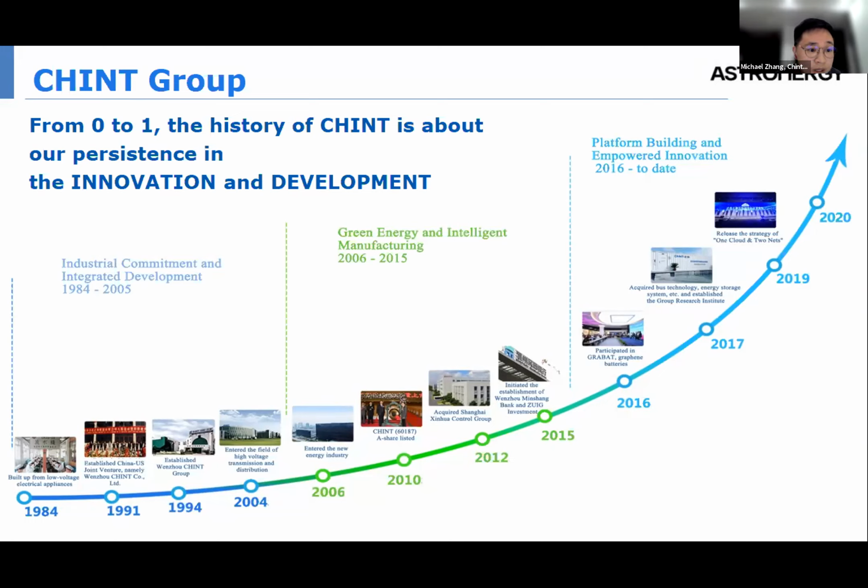The first period is industrial commitment and integrated development from 1984 to 2005, and the second phase is green energy and intelligent manufacturing from 2006 to 2015. And then from 2016 to date, we are constructing our platform and empowering innovations.